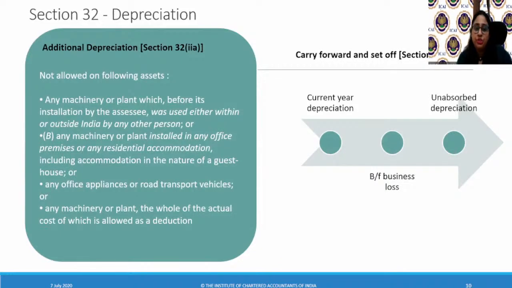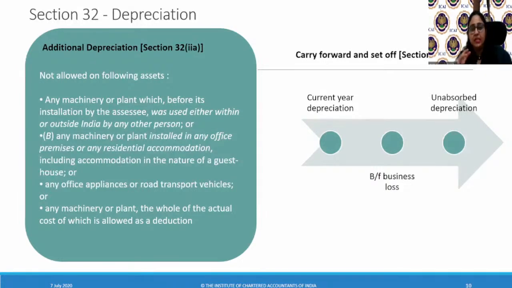Any plant and machinery which is installed in the office or any residential accommodation, not used in the factory, basically not used for production purpose, it is being used in an office, that plant and machinery would not be allowed for deduction. Ma'am, explain.